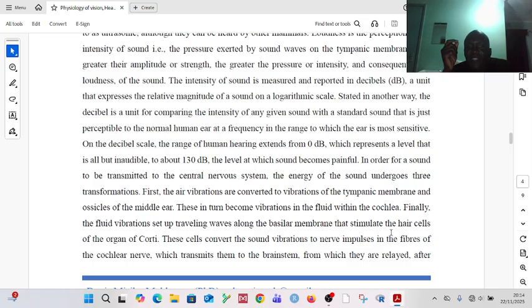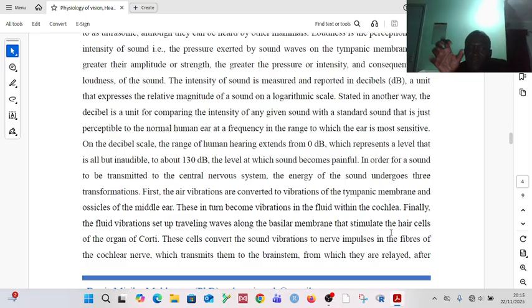Once the eardrum vibrates, then it leads to the vibration of the ossicles within the middle ear. Once these ossicles also vibrate, they will lead to vibrations in the fluid that is found within the cochlea. Then once the fluid in the cochlea vibrates, there are hair cells within what we call the organ of Corti.